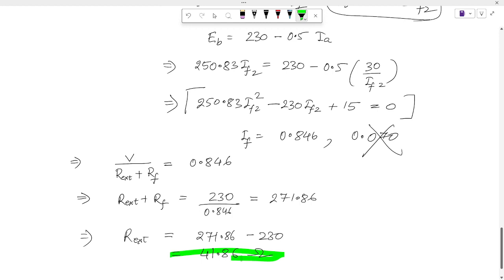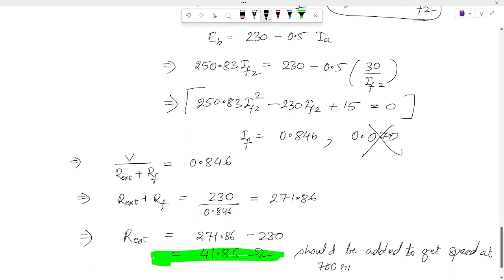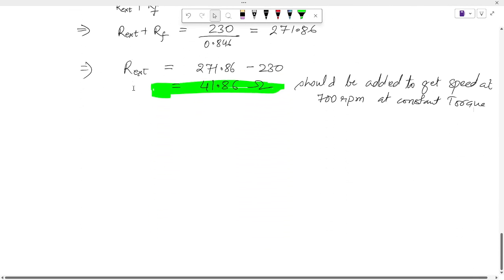Final answer is 41.86 ohm resistance should be added to get speed at 700 rpm at constant torque. Any doubt? Got or not?